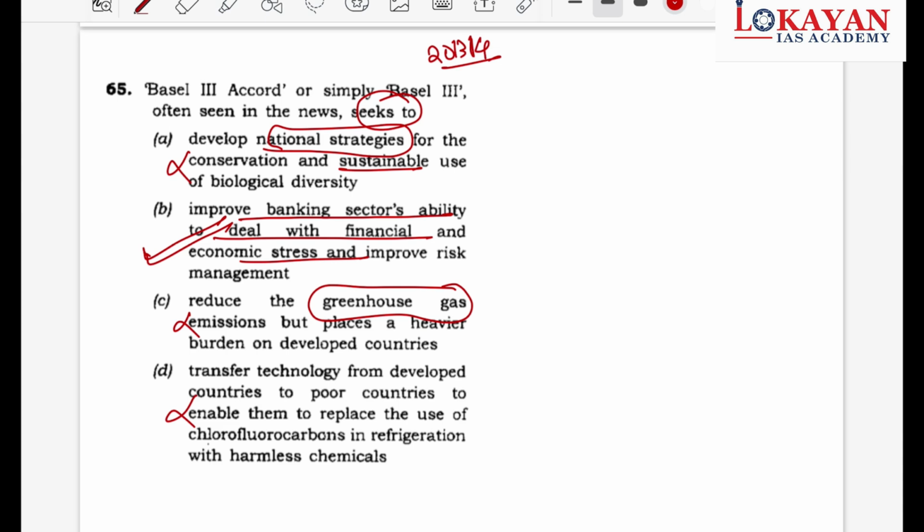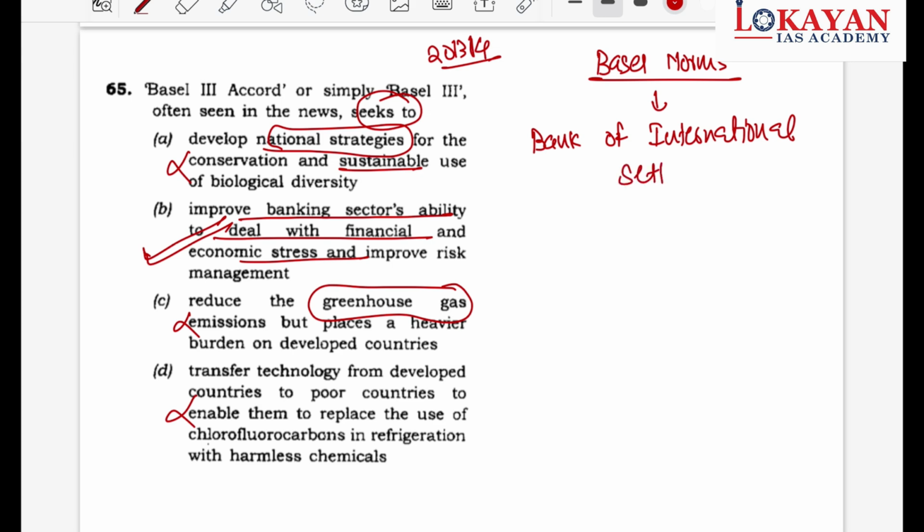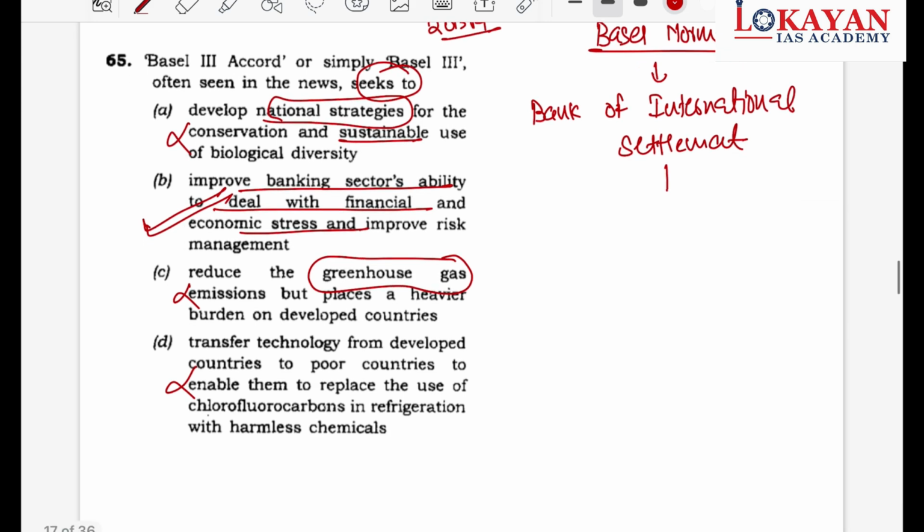So, the basics of the Basel Accord, or Basel norms, as you can also say. These are set up by the Bank for International Settlements, based in Basel. So what are these norms? Under these norms, what does a bank have to do?